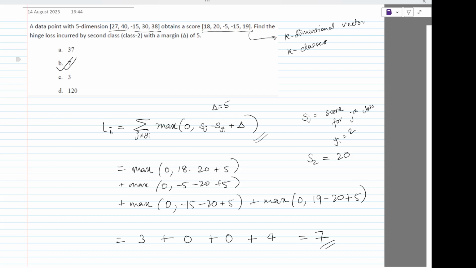Here the second class had the highest score, so the loss is not very high for that class. If you had considered some other class, the loss may have been much higher, like minus 15 or something.